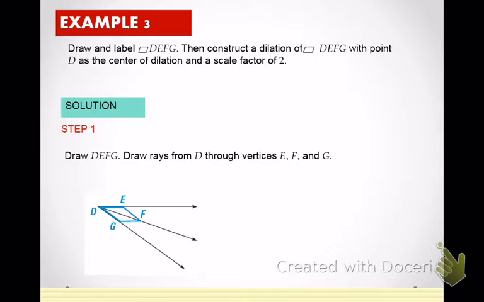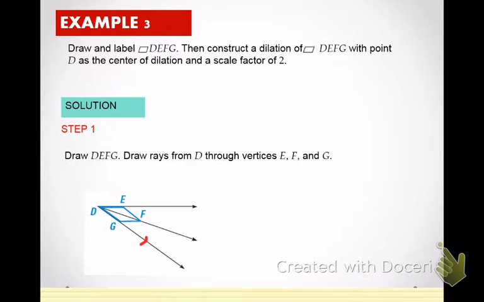longer. So I'm going to measure the distance DG. Say for example it's 2 inches. Then I double that, because the scale factor is 2, so I multiply whatever that measurement is times the scale factor of 2. So my new point, G prime, is going to be twice the distance.